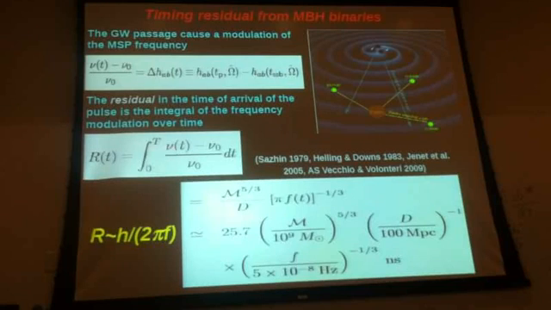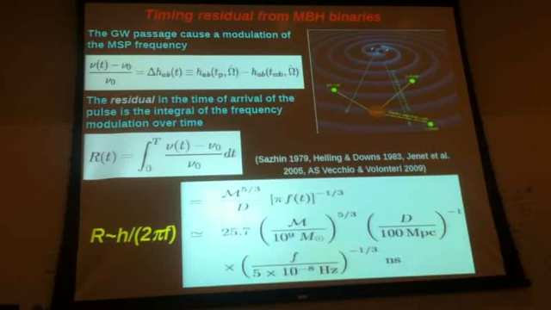So the time residual is basically the difference in frequency between the intrinsic frequency of the pulsar and the frequency at time t, given by the fact that the pulsar is moving, integrated over time. And you know that the gravitational wave is a sinusoidal thing. You integrate the sinusoidal thing, you get the sinusoidal thing divided by 2 pi f.